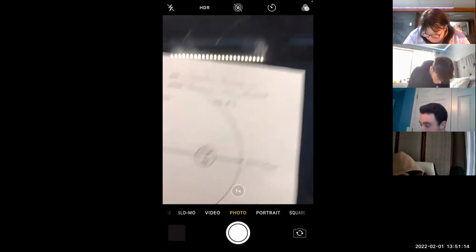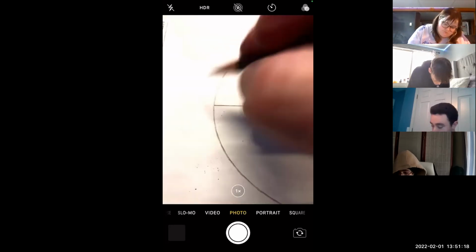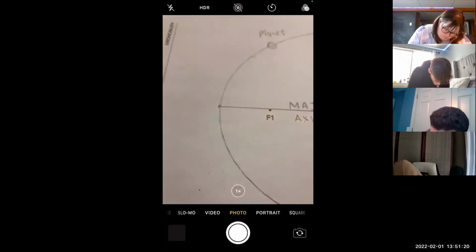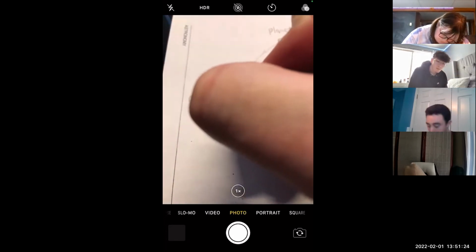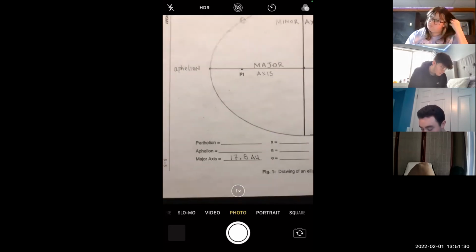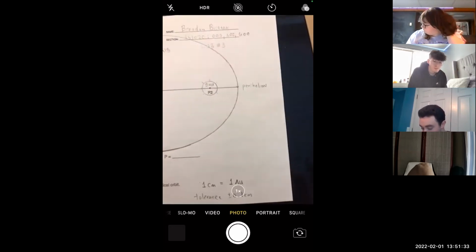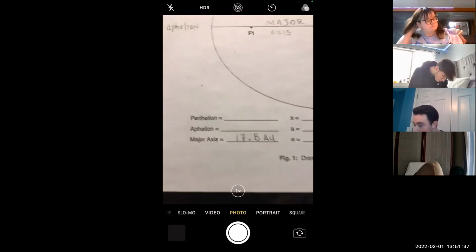And likewise, the farthest point from the sun on the ellipse is our aphelion. Now, although I gave you formulas for calculating perihelion and aphelion, we don't know what our eccentricity is yet. So we're going to directly measure perihelion and aphelion.